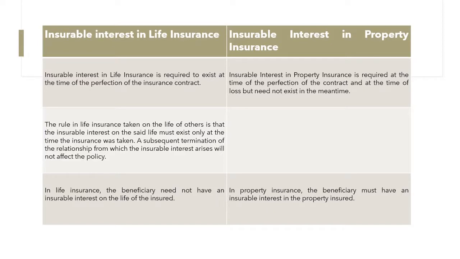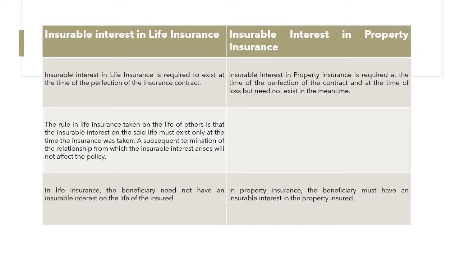The rule in life insurance taken on the life of others is that the insurable interest on the said life must exist only at the time the insurance was taken. A subsequent termination of the relationship from which the insurable interest arises will not affect the policy.